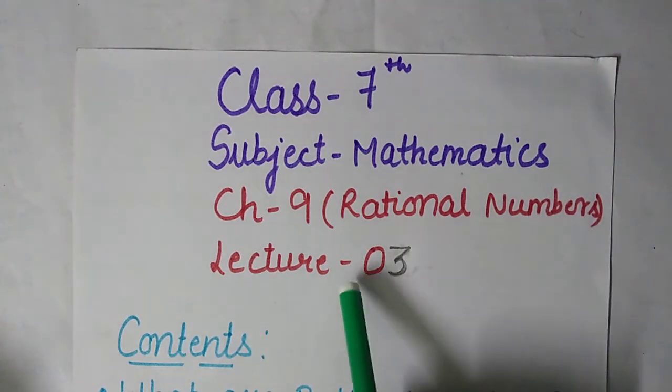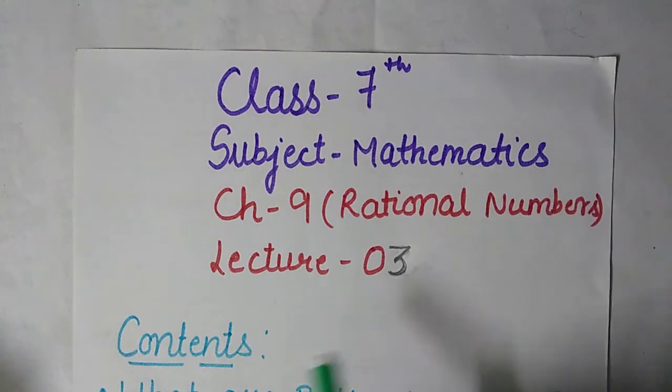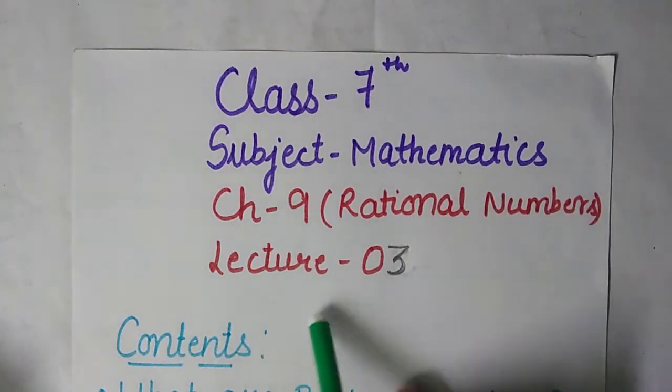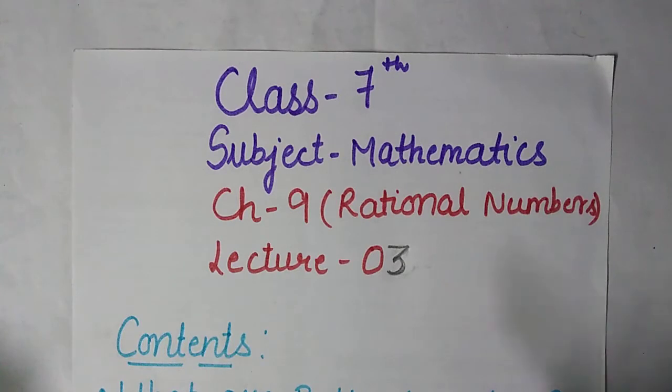And in this lecture, that is lecture number 3, we are going to learn how to add, subtract, multiply and divide the rational numbers. And after that, we will discuss questions of exercise 9.2 that is related to the addition, subtraction, multiplication and division of rational numbers.